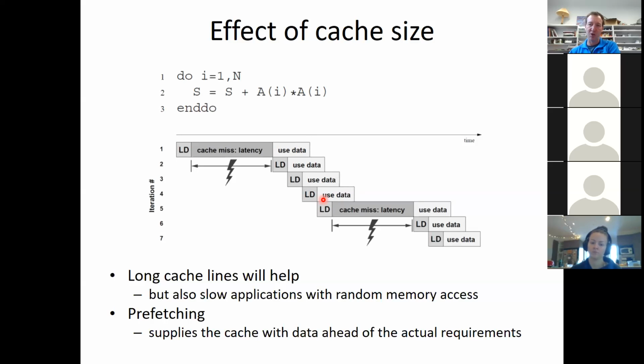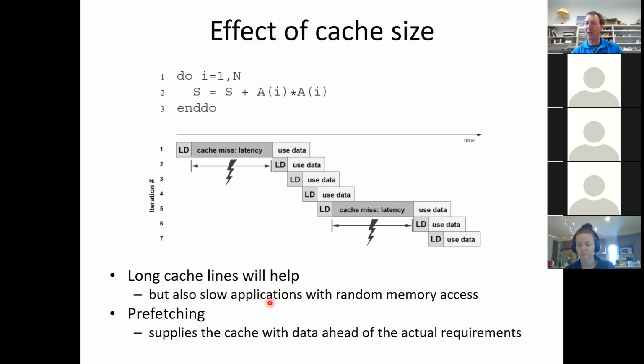Once the next element after the cache line is accessed, we get another cache miss, and then the same repeats over again. So if you have a very long cache line, this will help, because you only do one cache miss, and then you have many repetitions of direct access to the data which sits in your cache line, which is very good in this kind of example.